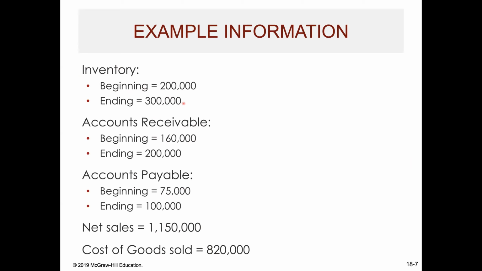So why do we have beginning and ending? This is an important concept to understand when we're making decisions. Inventory, accounts receivable, and accounts payable are sitting on our balance sheet. And a balance sheet is nothing more than a snapshot in time. Unlike an income statement or a profit and loss statement, which shows a cumulative effect.